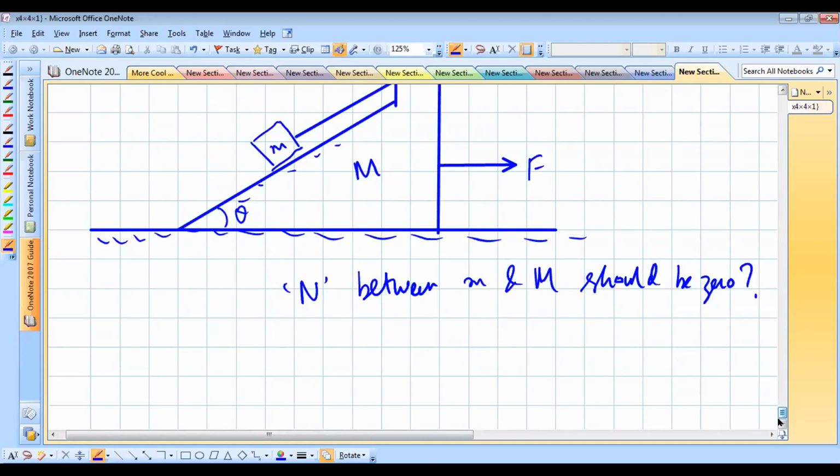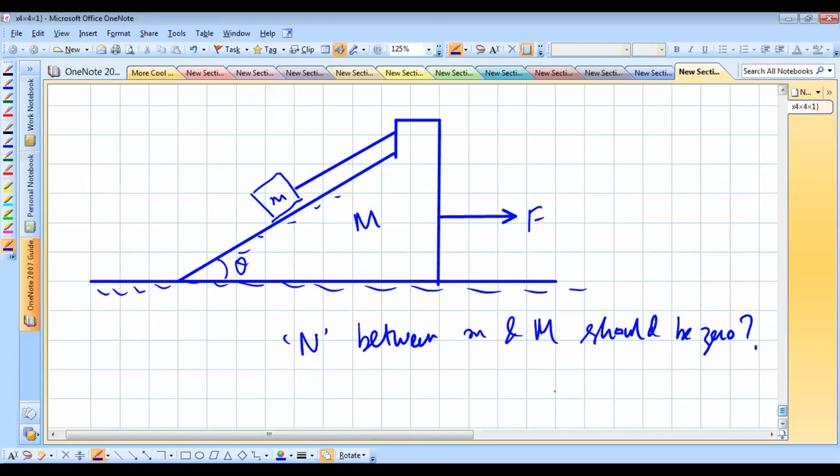Now the condition for that. Okay. So this whole system is moving with the horizontal acceleration A, let's say, whereas this is at rest with respect to the wedge.